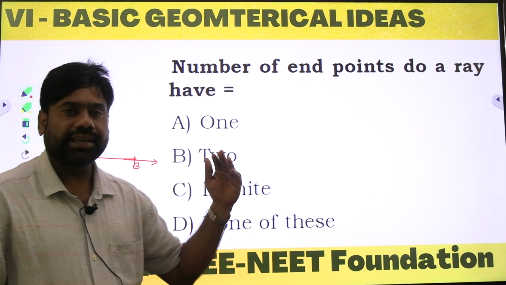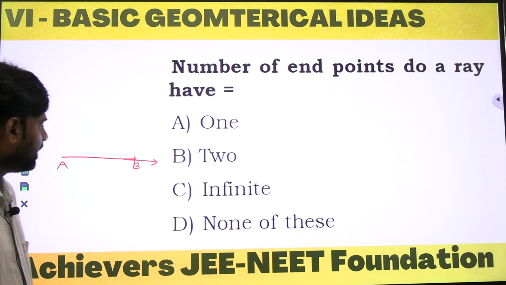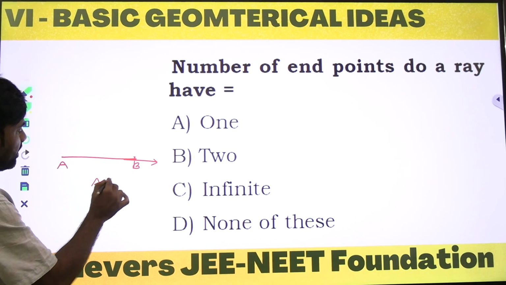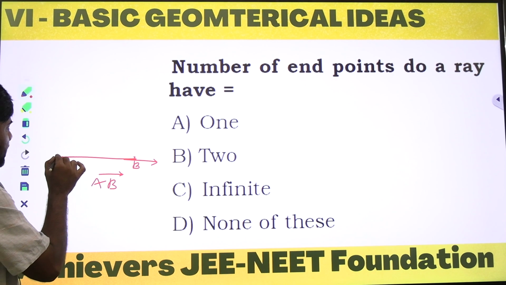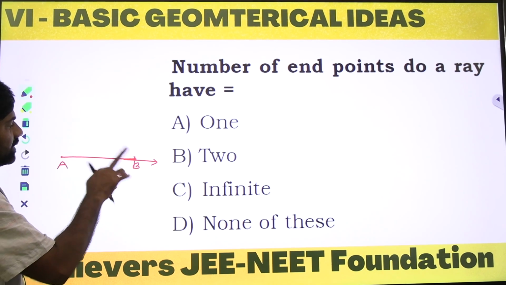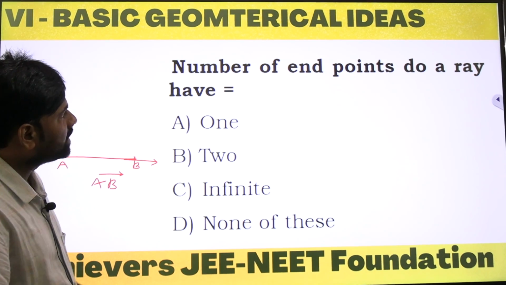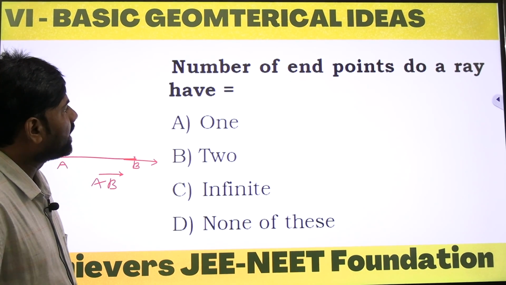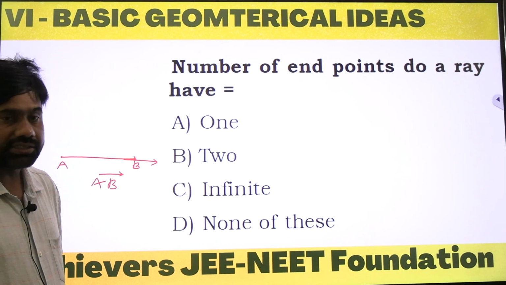A line segment extended indefinitely in one direction is called a ray, and it is denoted by ray AB like this. Here this is the one end point, there is no other end point in the second direction. Therefore, the number of end points a ray has is equal to 1. First option is the correct answer.